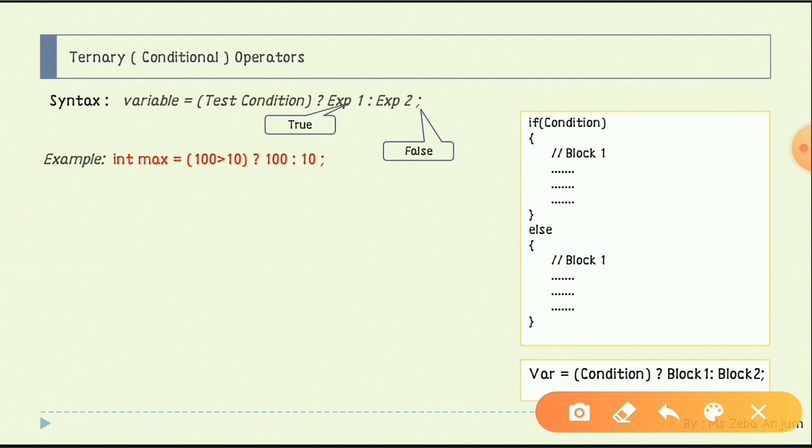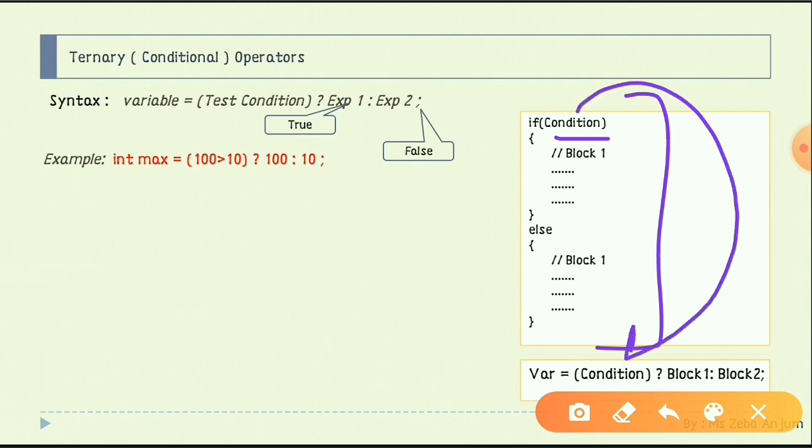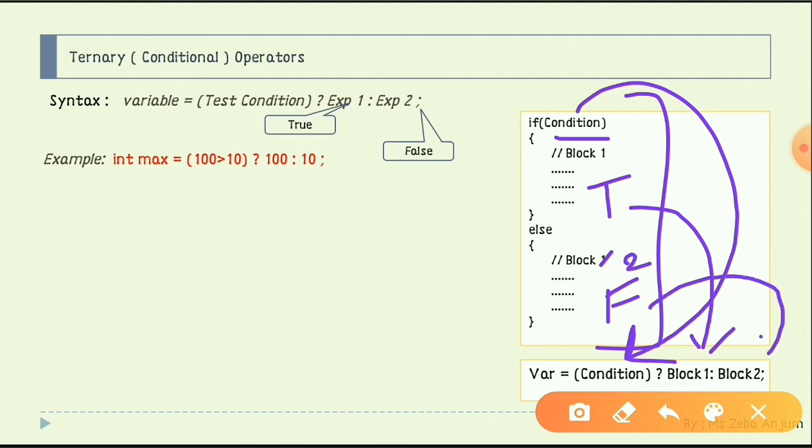Now see over here, firstly you will write the if condition. We are all well aware of this if else condition. So this condition will go over here, and the true block comes over here. For the second block, I'm sorry, this is your second block, you will get it over here only.